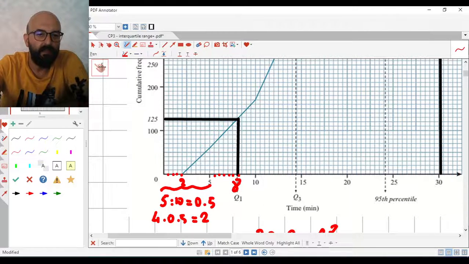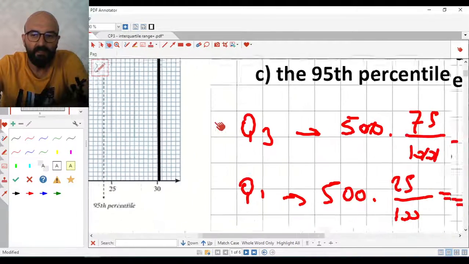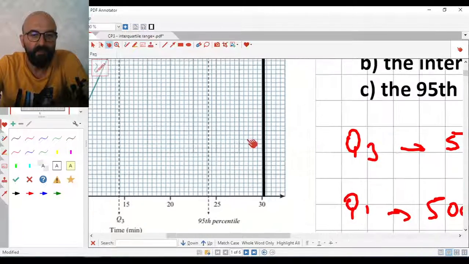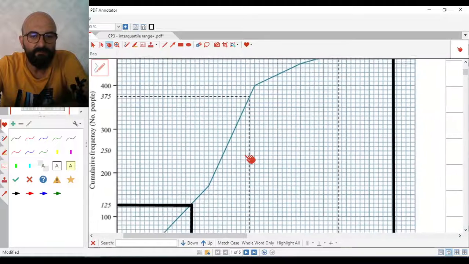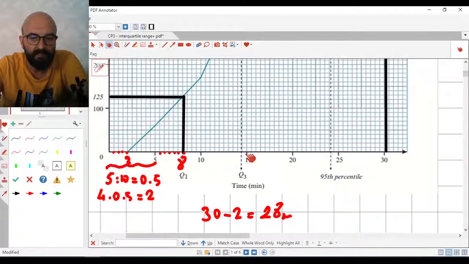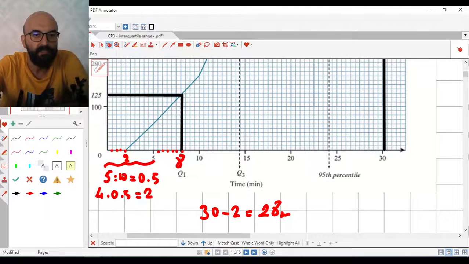And 375, the 375th person, means in the graph this situation.